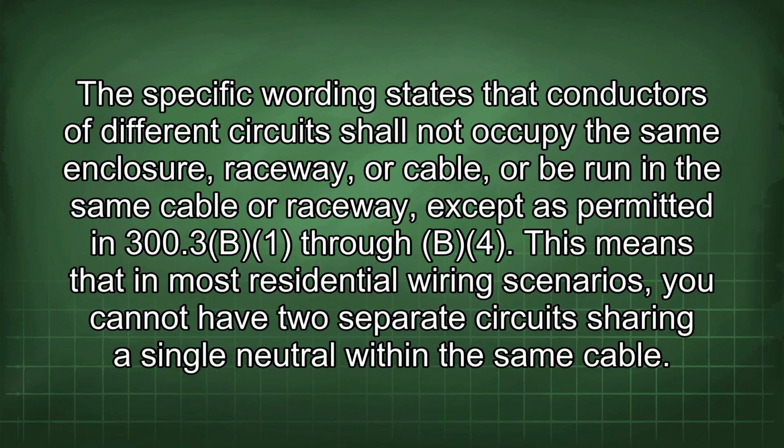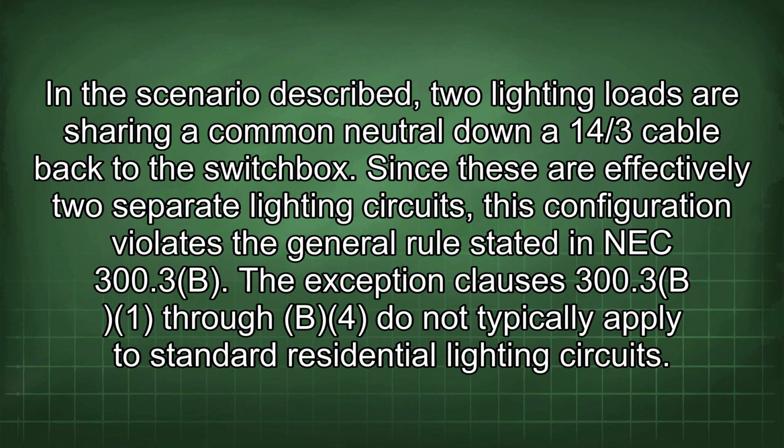This means that in most residential wiring scenarios, you cannot have two separate circuits sharing a single neutral within the same cable. In the scenario described, two lighting loads are sharing a common neutral down a 14/3 cable back to the switch box. Since these are effectively two separate lighting circuits, this configuration violates the general rule stated in NEC 300.3(B).